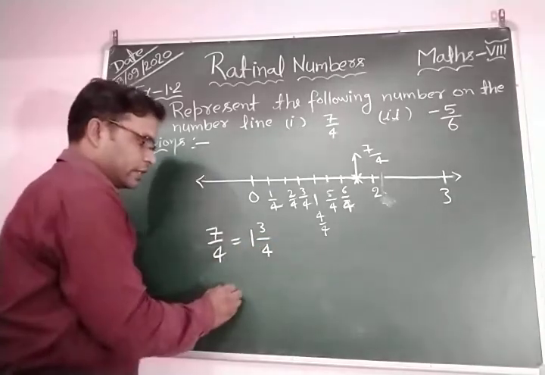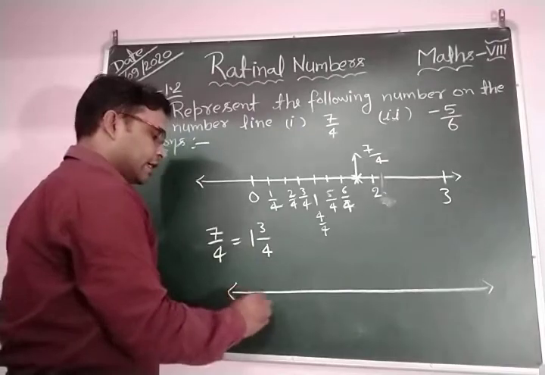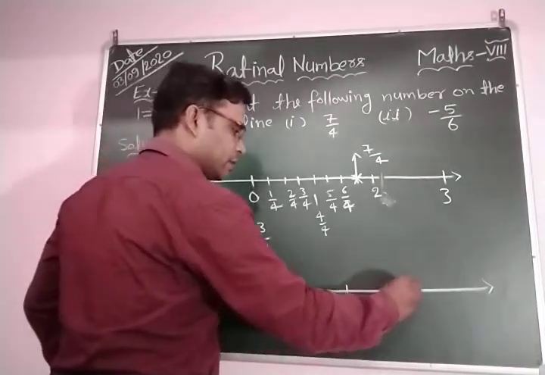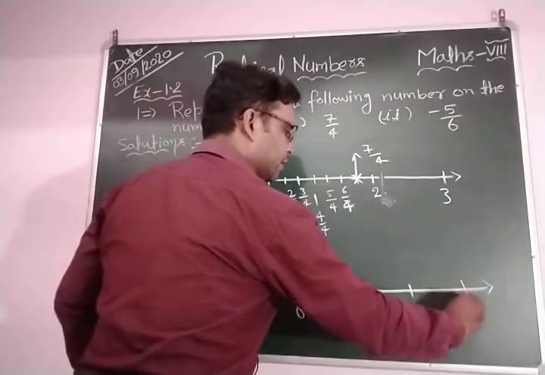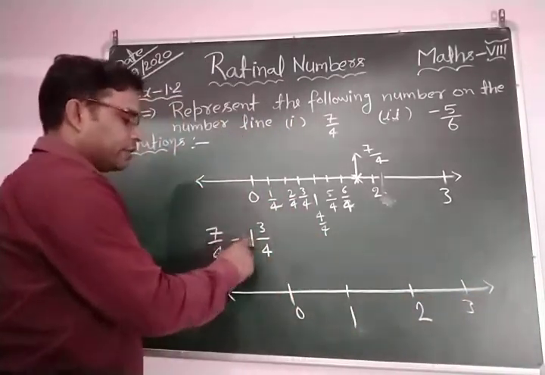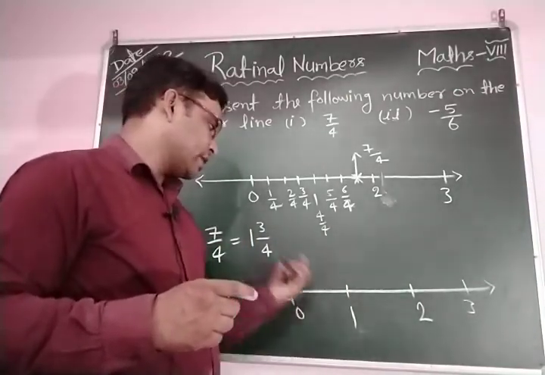Okay, so draw a line like this and start from 0, 0, 1, 2, 3. So we first leave one gap here, because this is the whole.